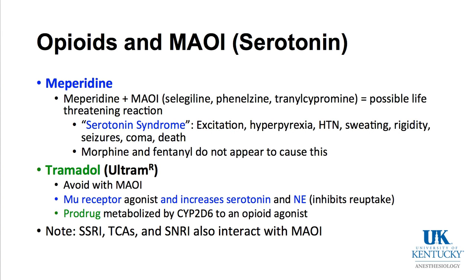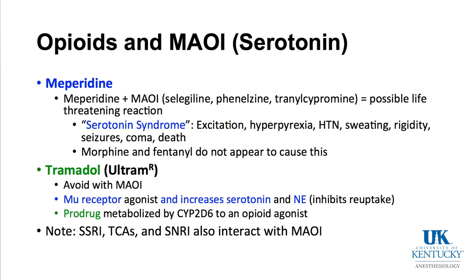This is the classic Libby Zion patient who was apparently administered meperidine and was on one of these drugs many years ago, and it resulted in the duty hour rules in the ACGME. Morphine and fentanyl do not appear to cause this, so they can be used in patients on MAO inhibitors, it appears. Tramadol or Ultram we tend to avoid with MAOIs also.